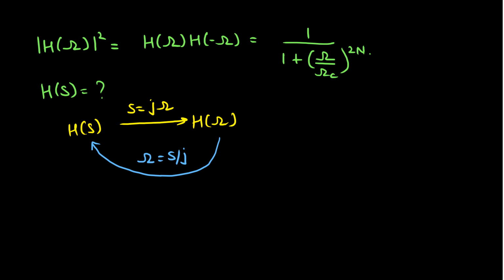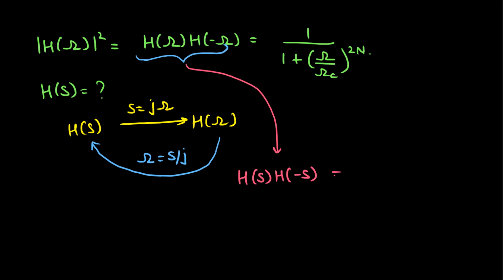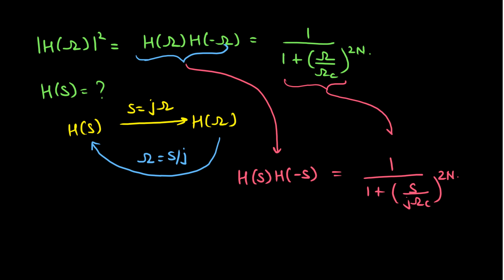So if we do this, then this term would be equal to H(s) into H(minus s), which will be equal to 1 upon 1 plus (s/(j omega_c)) to the power 2n. So this leads to this expression, and by substituting omega equal to s by j, we get H(s) into H(minus s).